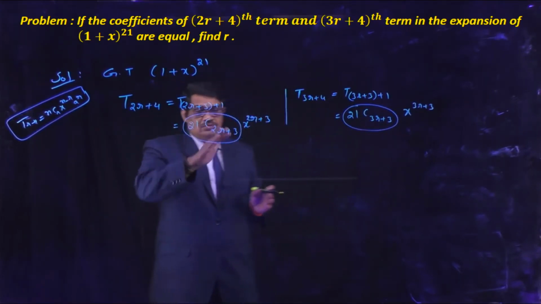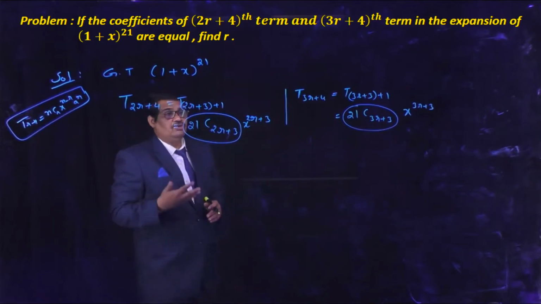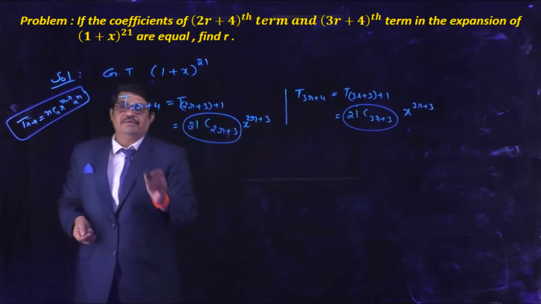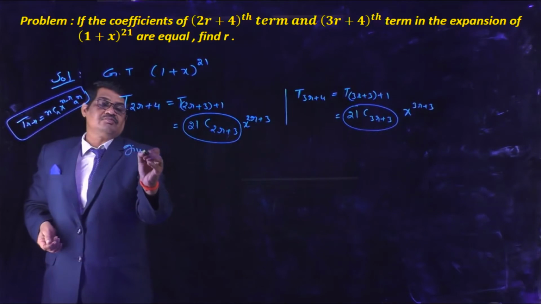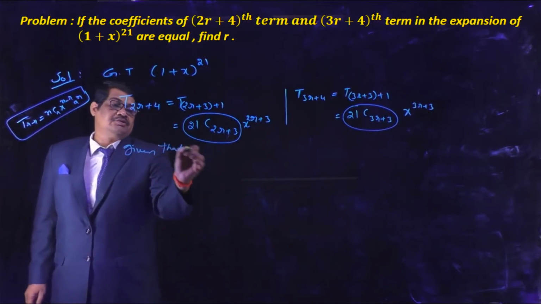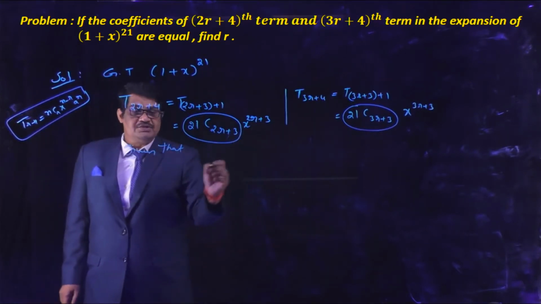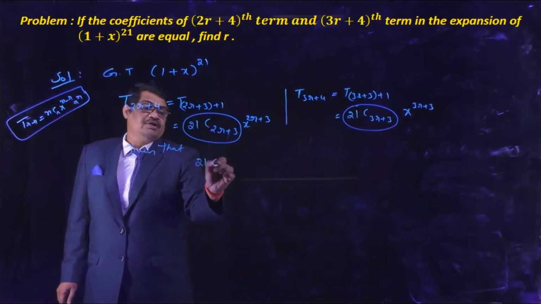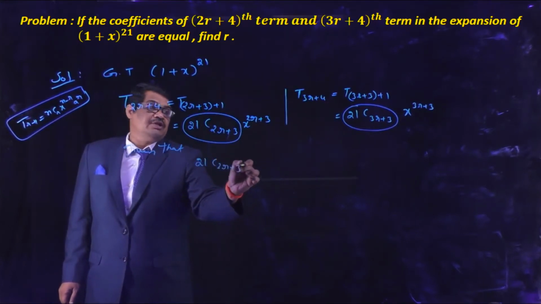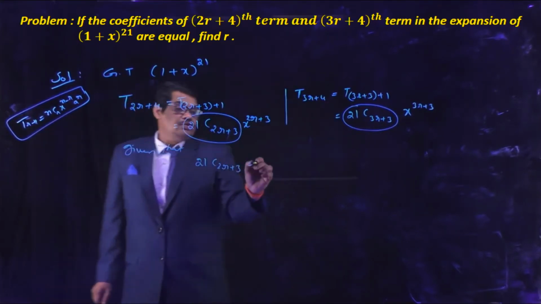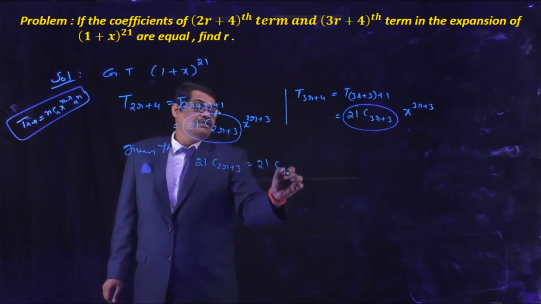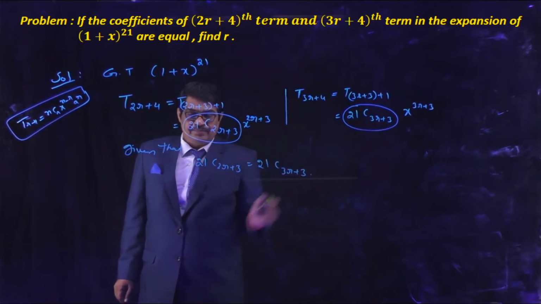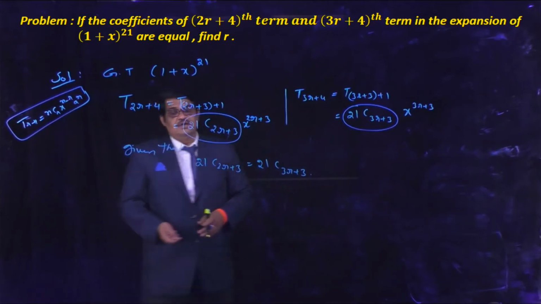In these two terms, it is given that the coefficients are equal, that is, 21C(2r+3) is equal to 21C(3r+3).